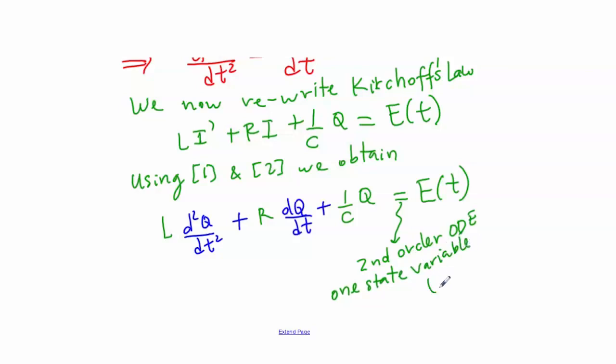And that state variable is the charge, Q. Now, very importantly, this second order differential equation has coefficients L, which is a constant, R, which is also a constant, and 1 over C, which is also a constant.